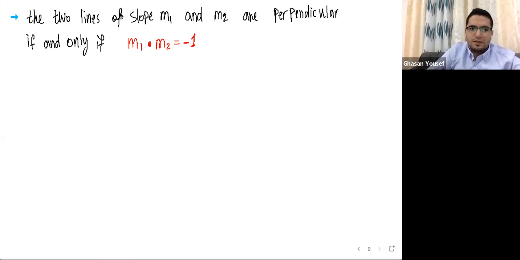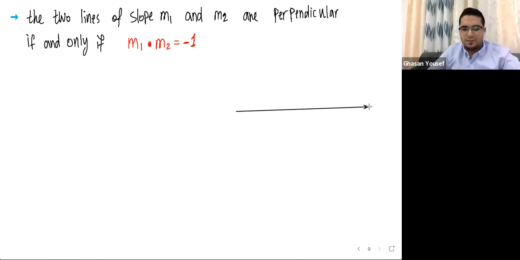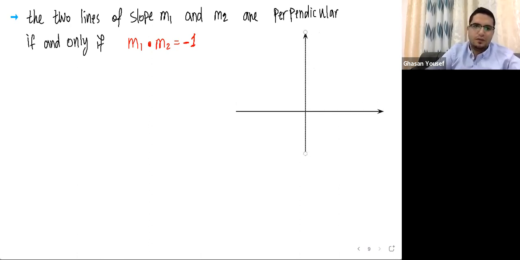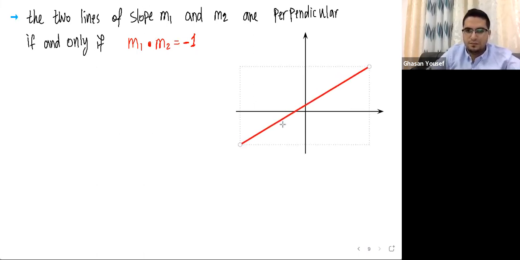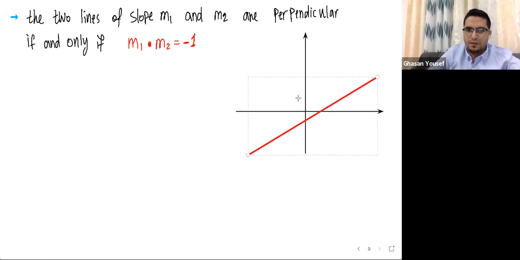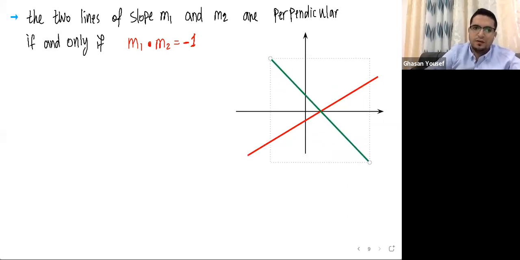So what I mean by this, suppose I have this Cartesian plane. The first line is the red color, like this, and the second one is the green one. Both of these lines are perpendicular.